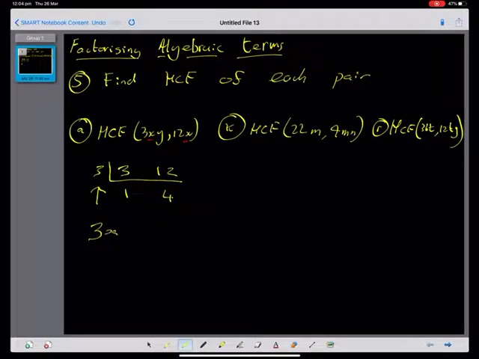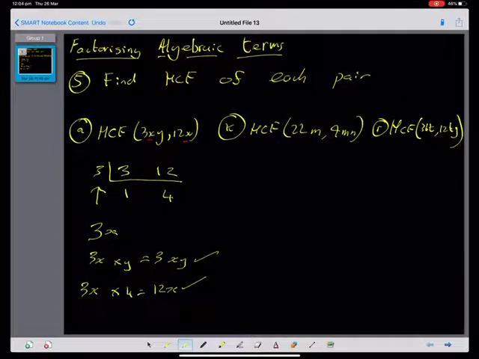And remember, we need to check to see if the factor multiplies to give that number. Well, 3x multiplied by y gives 3xy. So that works. 3x times 4 gives 12x. So that works.